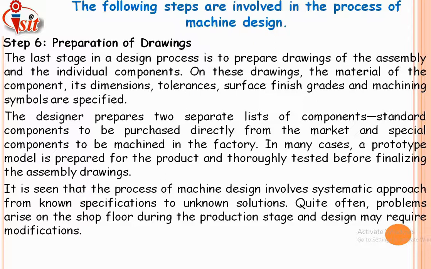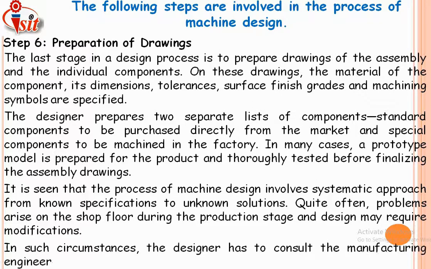Now, if a design engineer has prepared the drawings and made the assembly drawings, but due to some manufacturing defects or limitations, sometimes you need to change the drawings. In such circumstances, the designer has to consult the manufacturing engineer and find out the suitable modifications. In this step we have already decided which kind of manufacturing process is suitable for that.